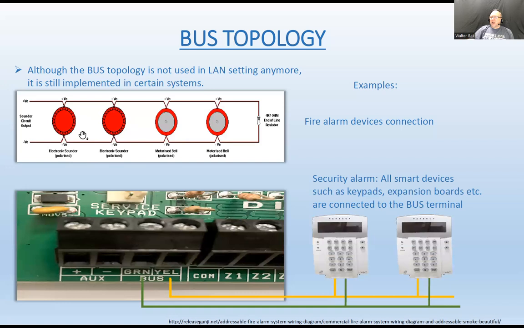If the line gets broken somewhere, then that zone is not going to see that resistor anymore. And it's going to go into something that's called a trouble condition. It's not an alarm condition. It's called a trouble condition, which means that there's a trouble on the line. So the system might not work as intended.